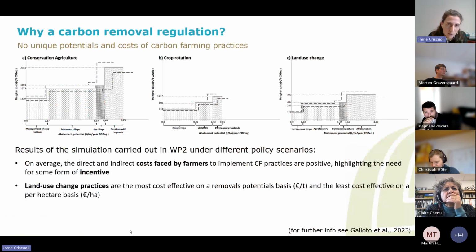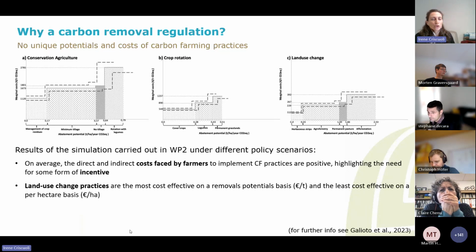Another reason why we need the carbon removal regulation is the fact that not all carbon farming practices have the same efficacy in reaching carbon removals, and they also don't have the same cost for farmers. Based on a study we performed in the Road for Scheme framework, we observed, of course, that all farmers that want to go for carbon farming practices have to face some costs, and therefore they need incentives.